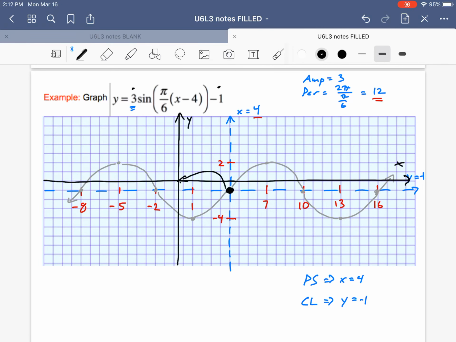But we moved it 1 down unit, or down 1 unit, excuse me. We moved it 4 to the right, and then compressed it. But again, if you're starting at 0, 0, you actually do this compression first, and then you do this second. So maybe that's overkill, but that's how you can make this graph.